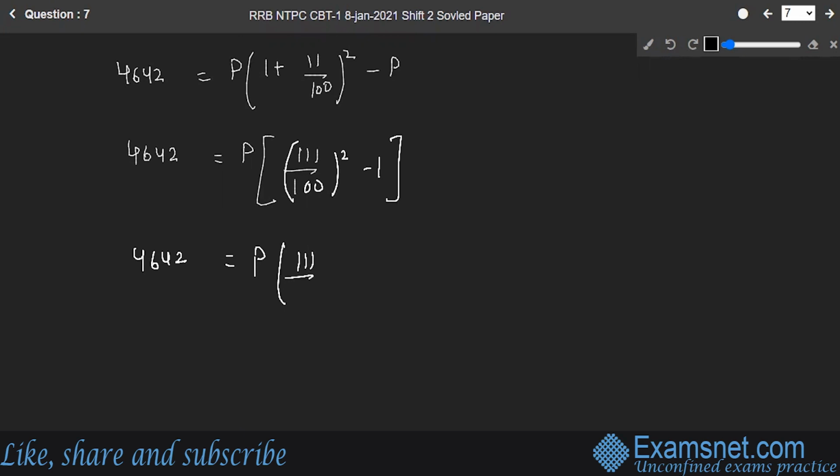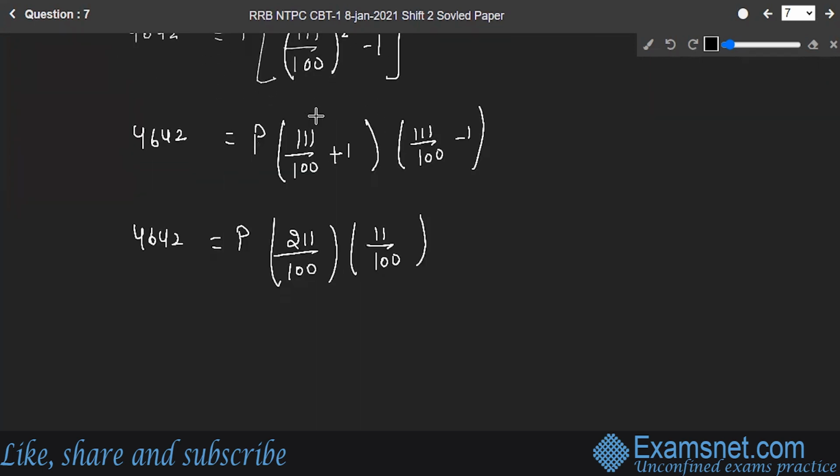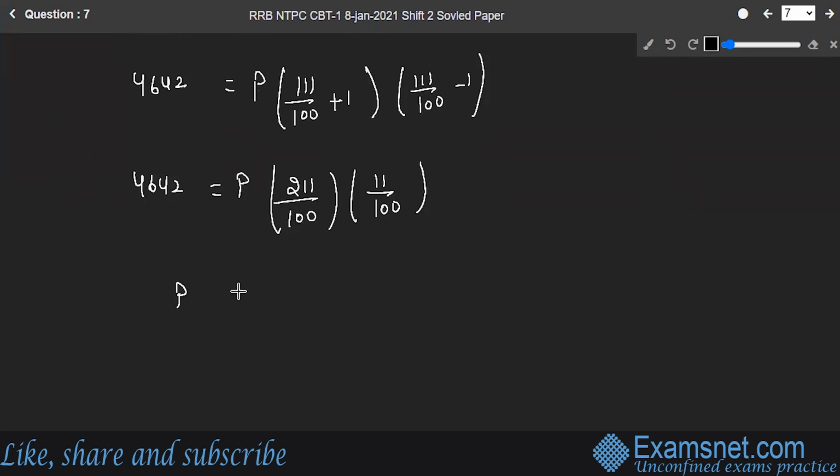So (111 upon 100 plus 1) into (111 upon 100 minus 1). So 4642 is equal to principal into 211 upon 100 multiplied by 11 upon 100. So you will get principal is equal to 4642 multiplied by 100 whole divided by 211 into 11.